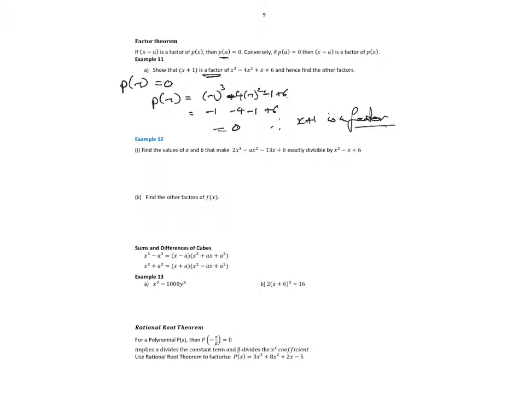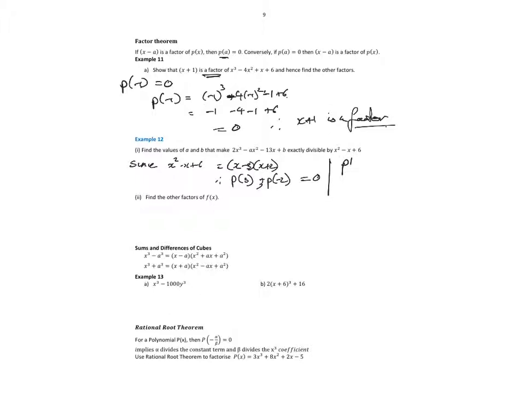If we consider x squared minus x plus 6 is equal to x minus 3 times x plus 2, therefore p of 3 and p of minus 2 both equal 0. So that needs to be true for the first polynomial.